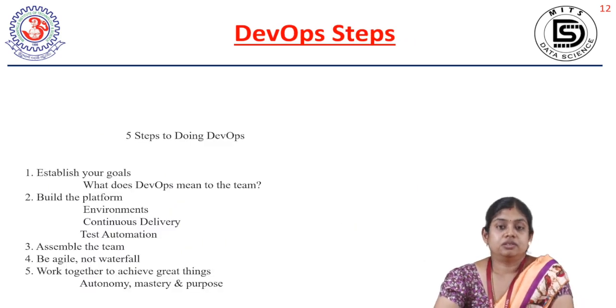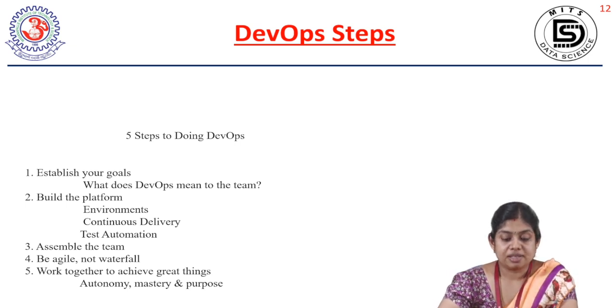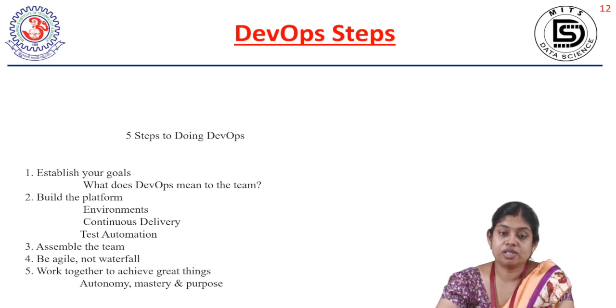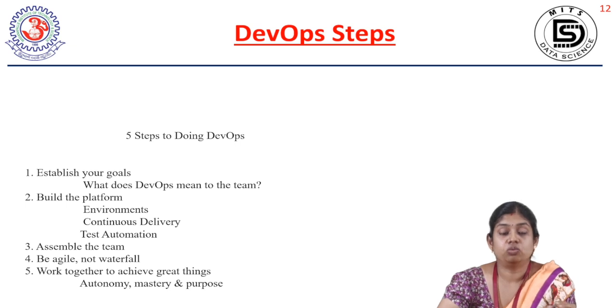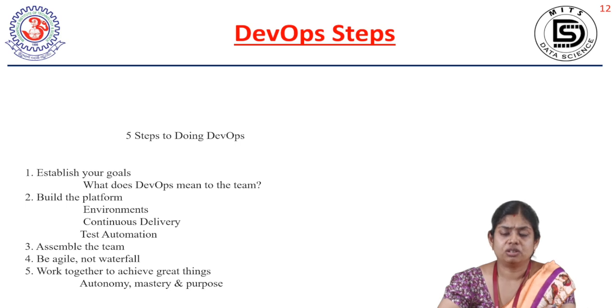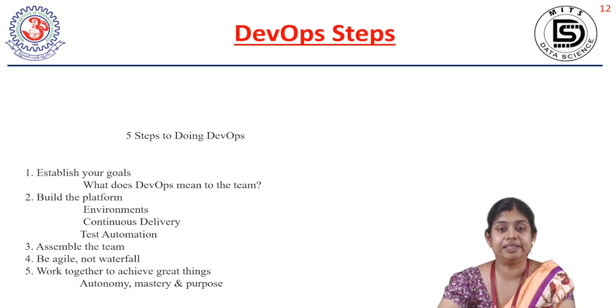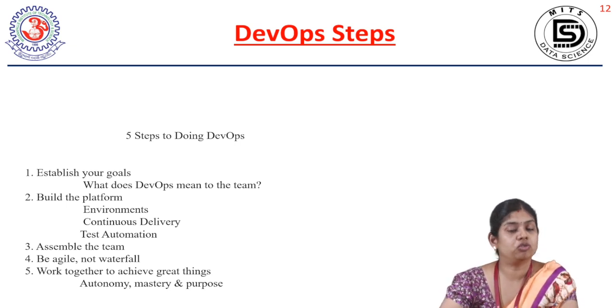So the steps, how you can move into a DevOps environment, you can see this. You're establishing your goals by telling them. So you have to be clear. If you are a DevOps manager or a team lead, you should tell the team whatever you're going to maintain as DevOps. What is your DevOps goal?